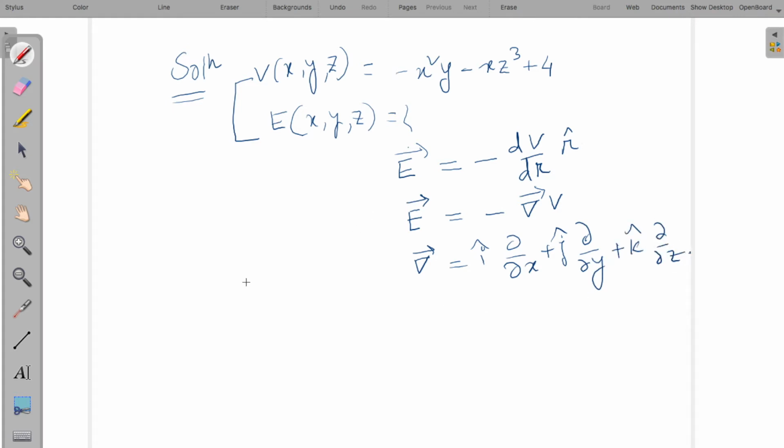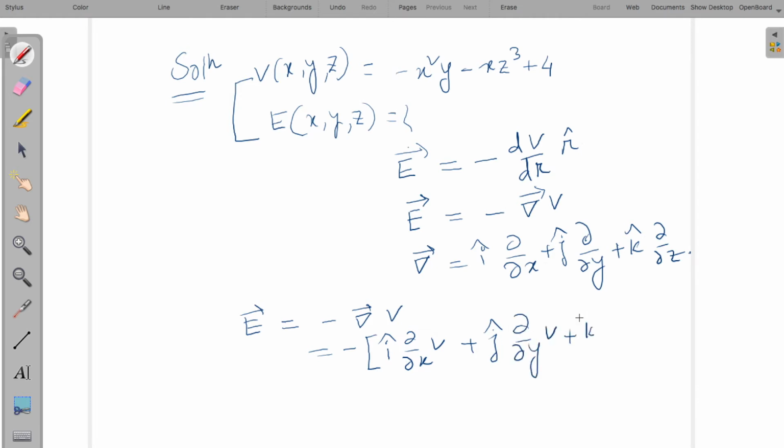So now solve the problem. The electric intensity can now be written as minus del V, which is minus i cap del x V plus j cap del y V plus k cap del z V.